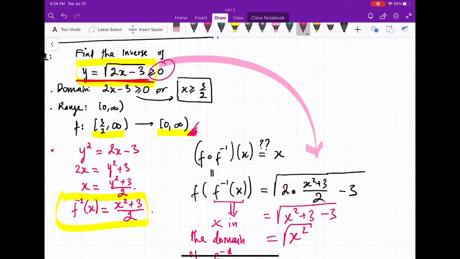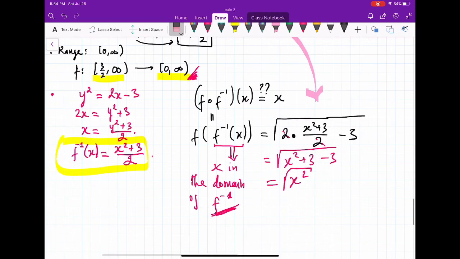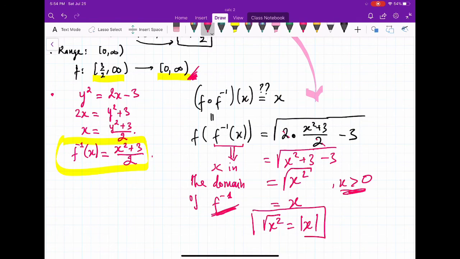So since x is bigger than 0, this is just equal to x. Don't forget that. Otherwise, square root of x squared should be equal to the absolute value of x. But in this case x is bigger than 0, so square root of x squared is just x. We just verified this identity.